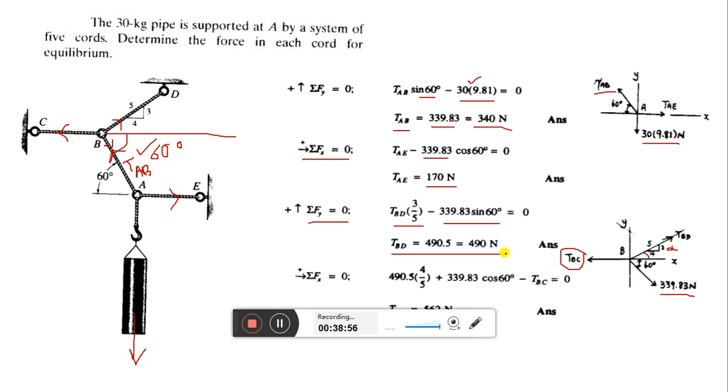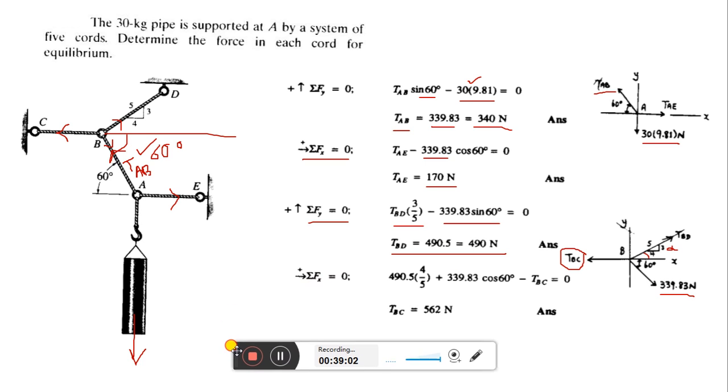So summation of Fx, that is in the x direction, how much? In the x direction, how many forces are there?